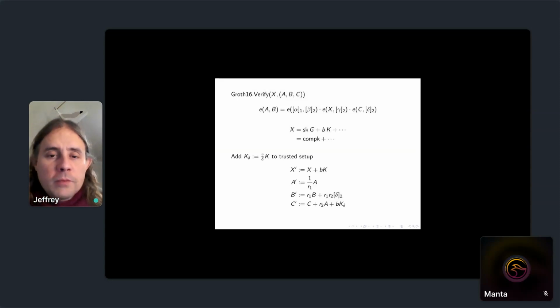So what we're going to do instead is something else. This is the usual randomization procedure for Groth16 if you remove the K terms.